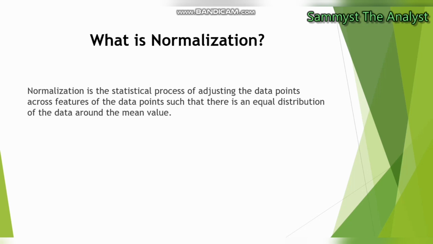That is a normal distribution. So in a normal distribution, the mean, the median, they fall in the same line, and even the 50th percentile.